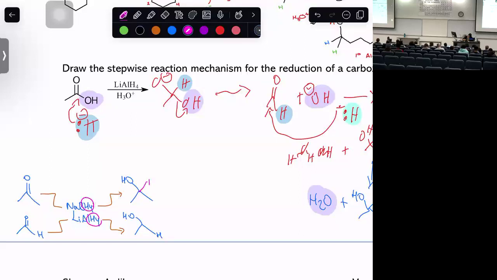I think just going over it. Okay. So that right there is just a little summary of what we saw in the reactions with ketones and aldehydes. Okay. Now let's do the same exact process, but for your esters and carboxylic acids.